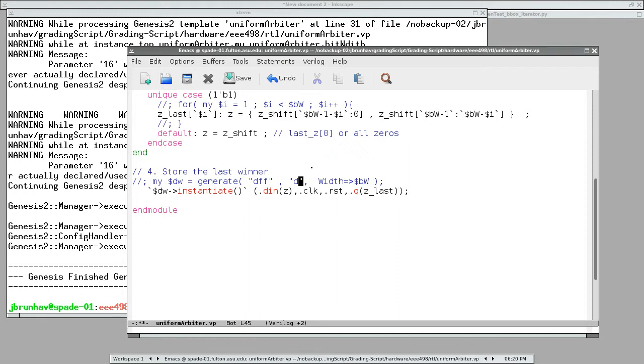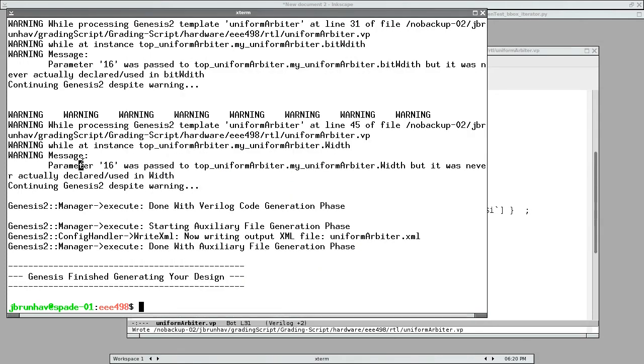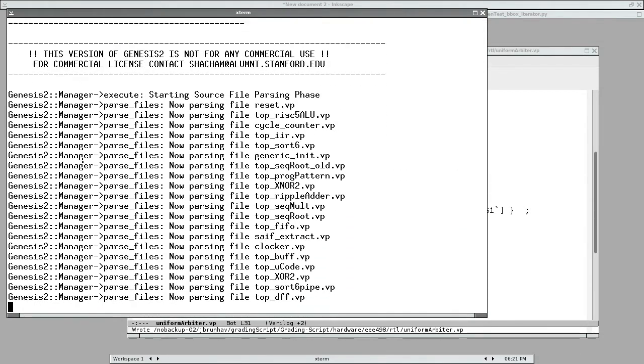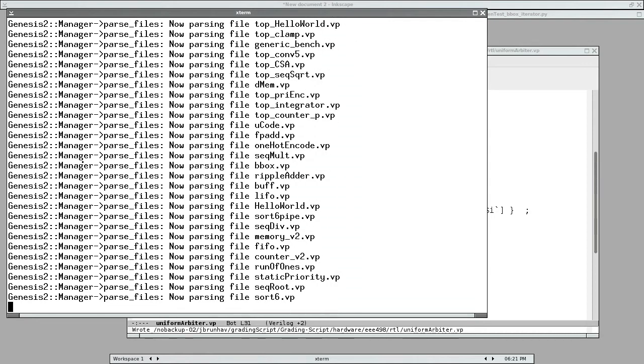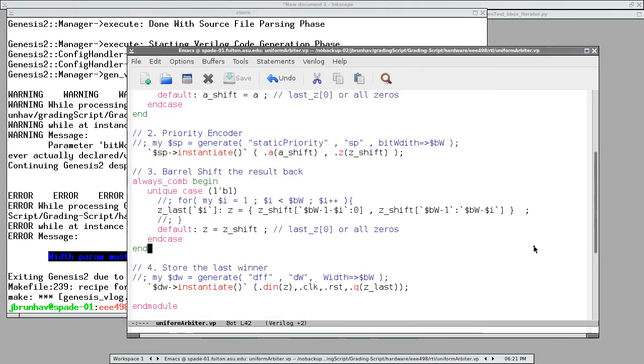So this is DW. So this has to be module name, instance name, parameter. So did we muck this up? Yeah. Sometimes it'll be width must be an array. Good call.